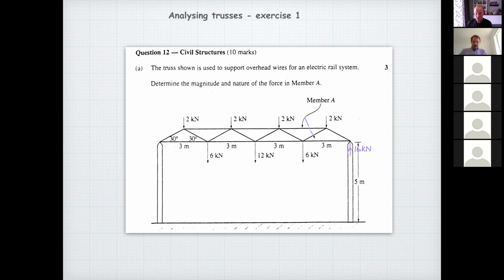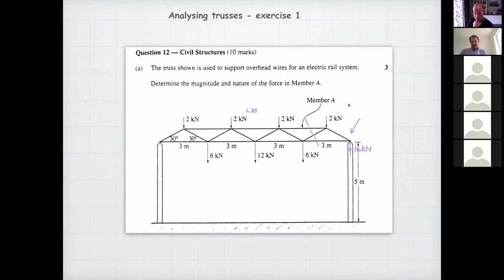You can take a section through 1, 2, 3, but no more than 3. And I tell my kids that I've got a big metal cutting chainsaw. I've cut this truss, and I want all of the left-hand side to fall and float away down the river. And I want this section here to stay upright. And I want it to be in equilibrium.